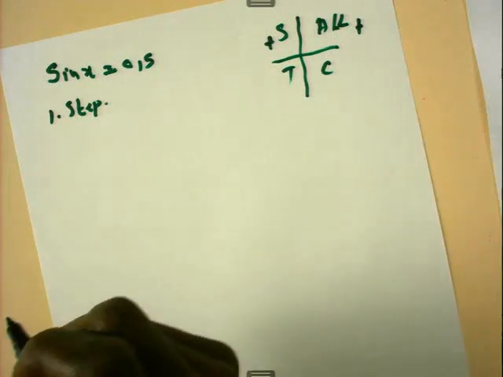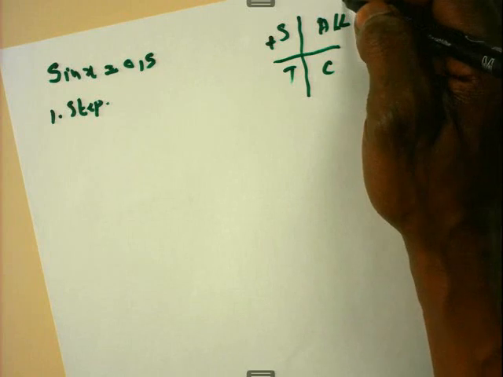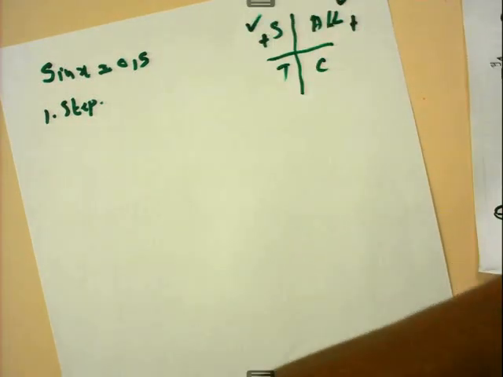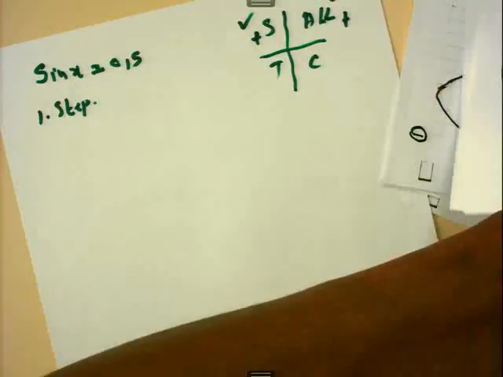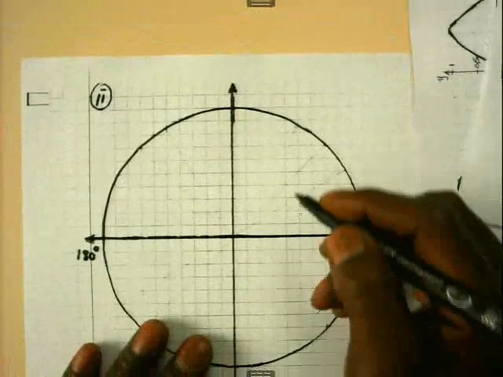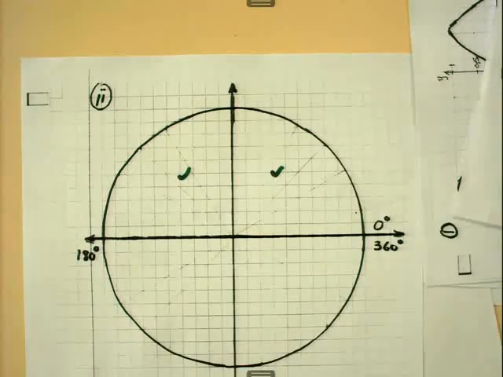So step one, we have identified the quadrant, so we are going to work in the first and the second quadrant. Let me just get my big picture here. We are working in the first quadrant and the second quadrant.